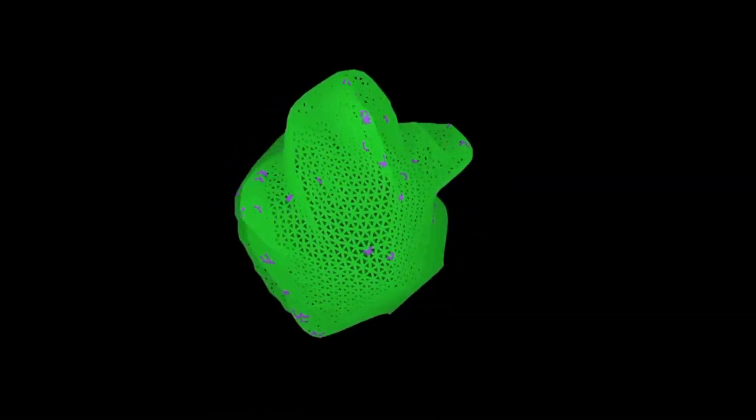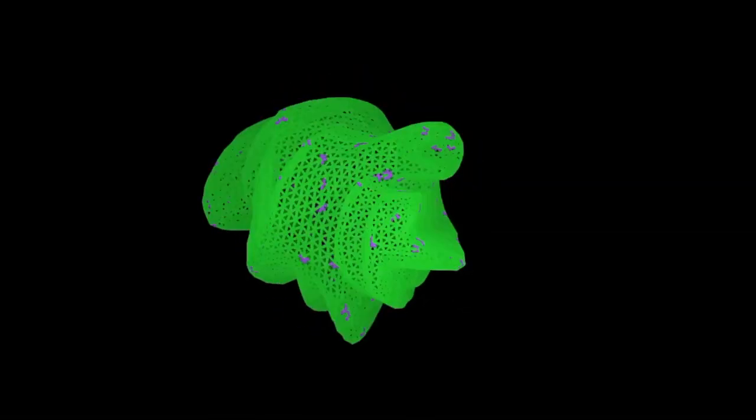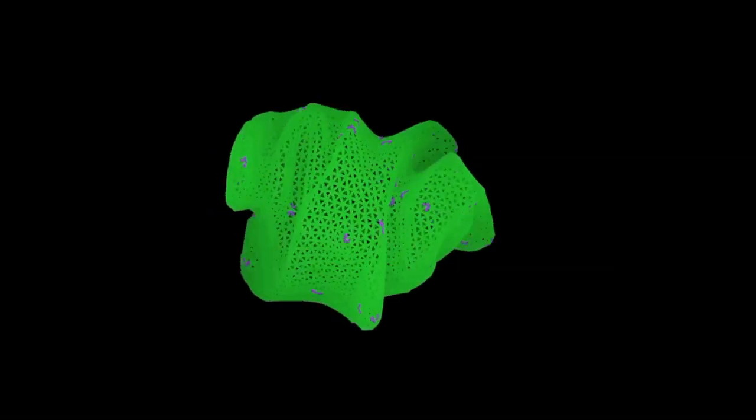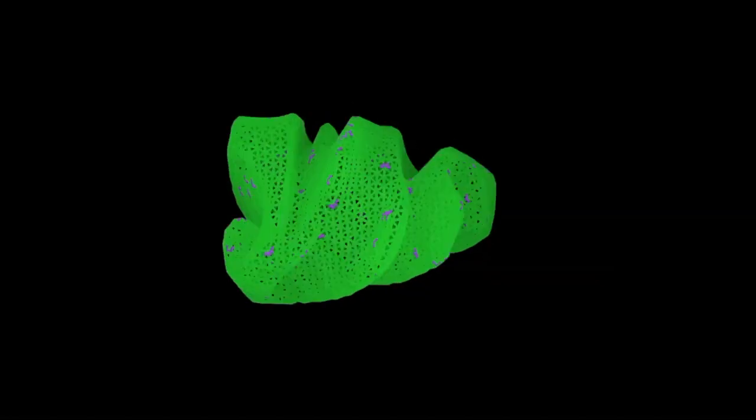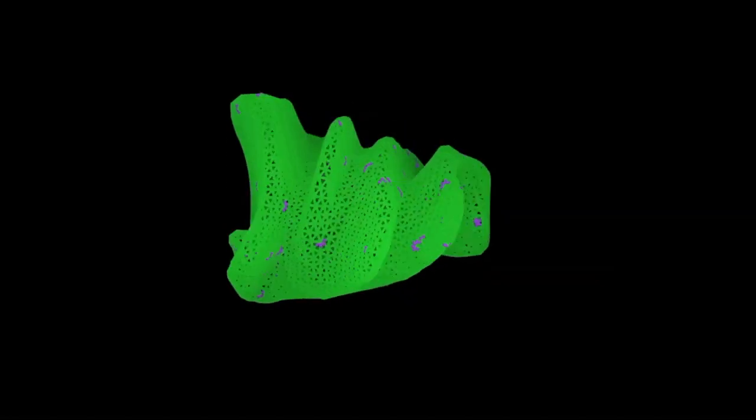So you see that now the structure, the fabric of the icosahedron, is quite distorted, and we can just observe this state by state by state as it becomes more and more distorted.